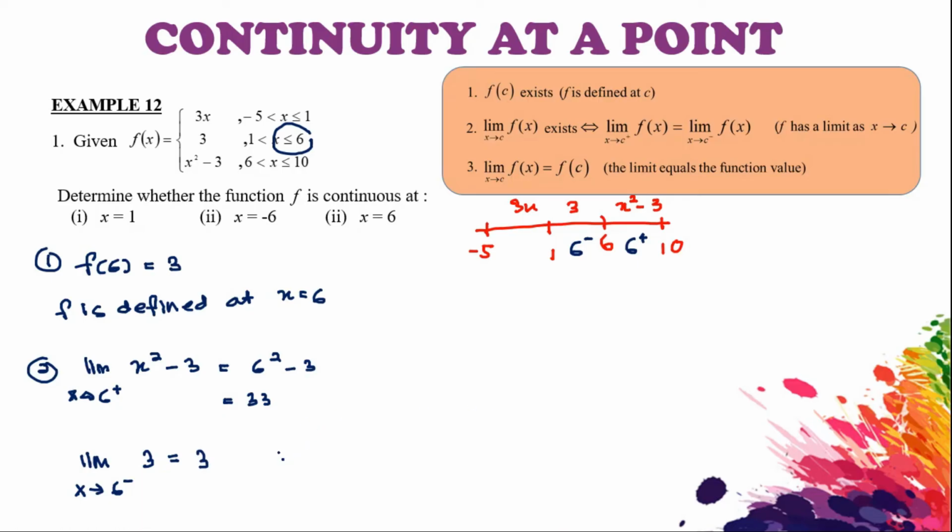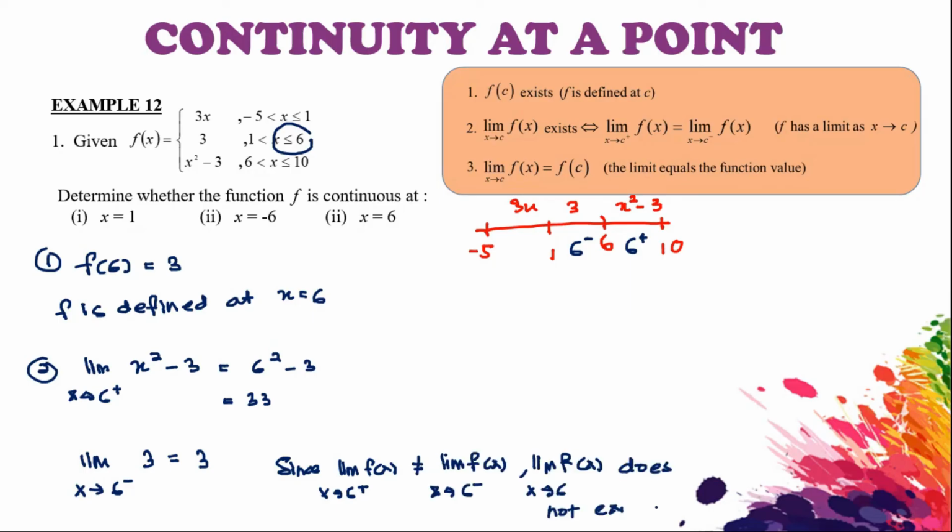So for this case, we can conclude that since the limit of f(x) as x approaches 6 from the right is not equal to the limit of f(x) as x approaches 6 from the left, that is the second condition.